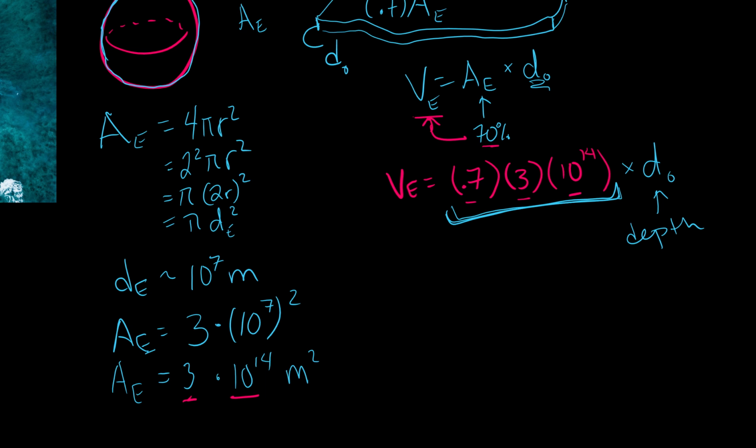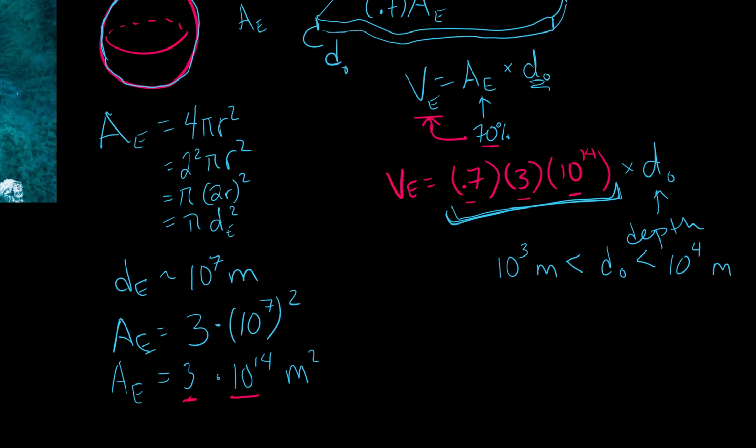So we're kind of going to bound this and think about what would be a good number to use. So 1,000, so 10 to the 3 meters, we think is less than the average open ocean depth. But we know that the average ocean depth is quite a bit smaller than those really deep ocean trenches.